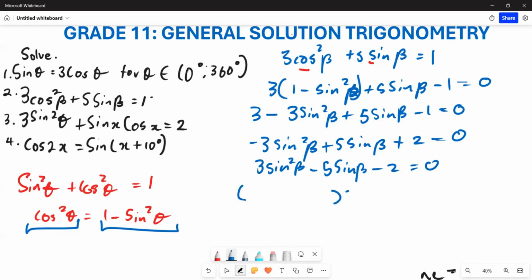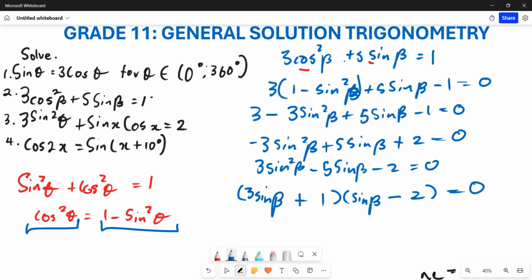So when you are replacing that, you can open your 2 brackets here. We are factorizing here: this side you're having sine of beta, and this side you're having 3 sine of beta. Now, your factors of 2 is going to be 2 here and 1 here. Remember, we are factorizing, and we said this is supposed to be negative and this is supposed to be positive.